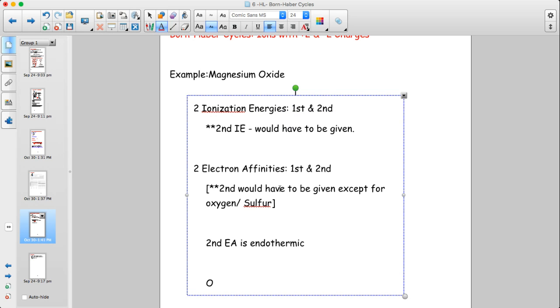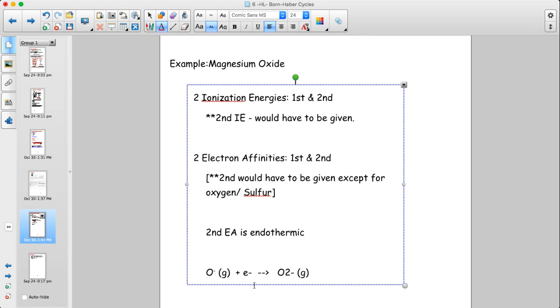The reason being, when you have O minus and you try to add an electron to it, if they both have a negative charge, then they repel each other. And so to force them together to become O2 minus actually is an endothermic change.